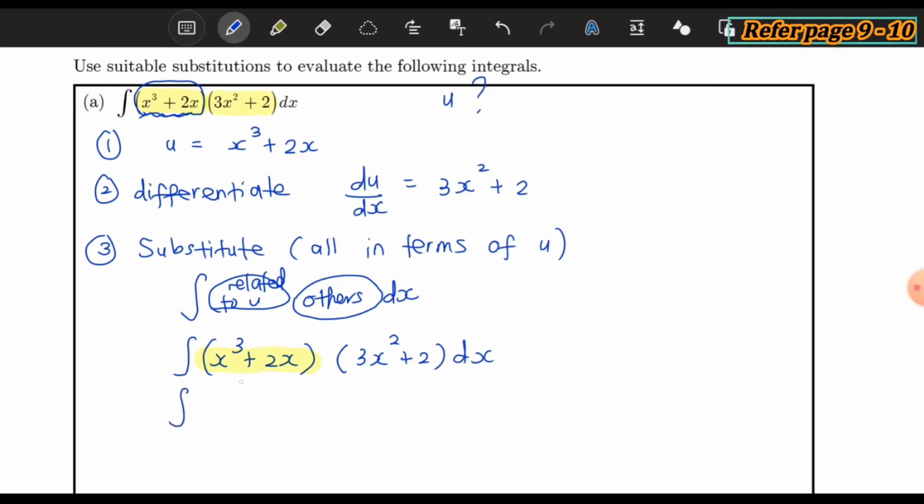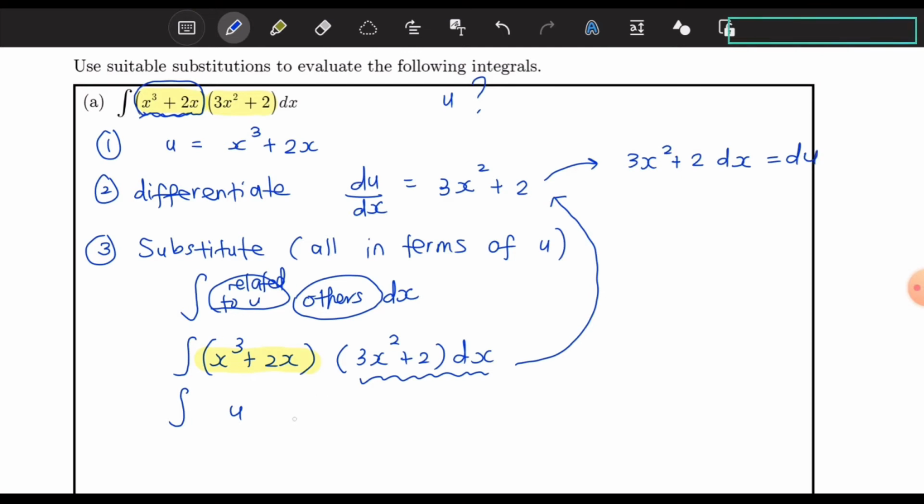So this is u. And the next part here is related to your differentiation. And if we rearrange the term here, the derivative, we will get 3x squared plus 2 dx equal to du. Meaning that we have integrate u du.